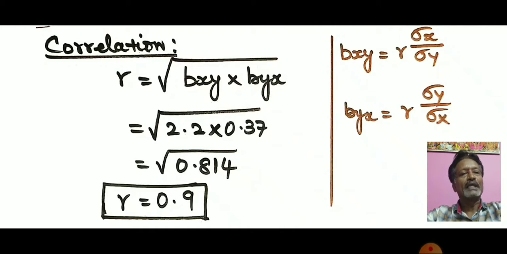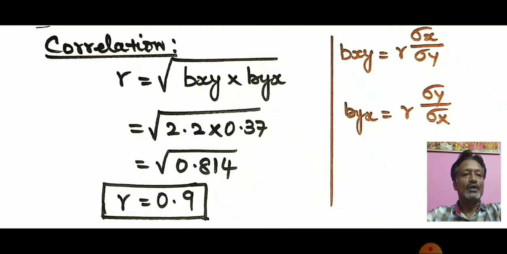Here bxy is equal to r sigma x by sigma y and byx is equal to r sigma y by sigma x. Already we have estimated these values. The regression coefficient x on y is 2.2 and the regression coefficient y on x is 0.37.